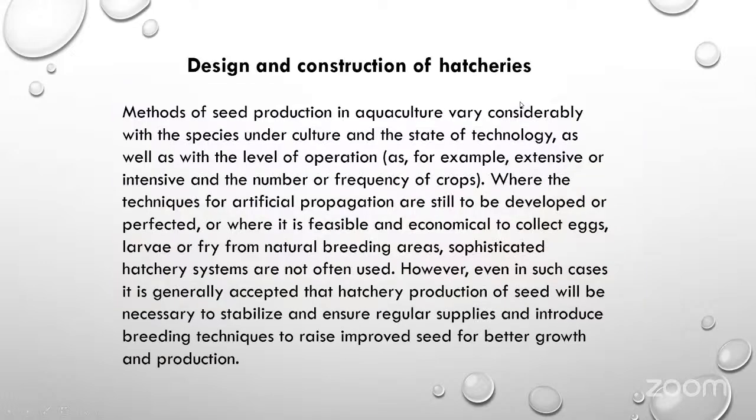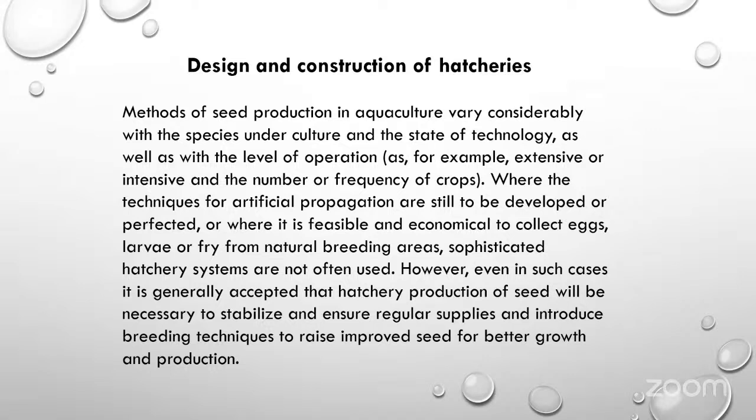Now, how to design and construct the hatcheries? Methods of seed production in aquaculture vary considerably with the species and the culture and the state of technology, as well as with the level of operation, for example, whether it is extensive or intensive, and the number and frequency of crops also.